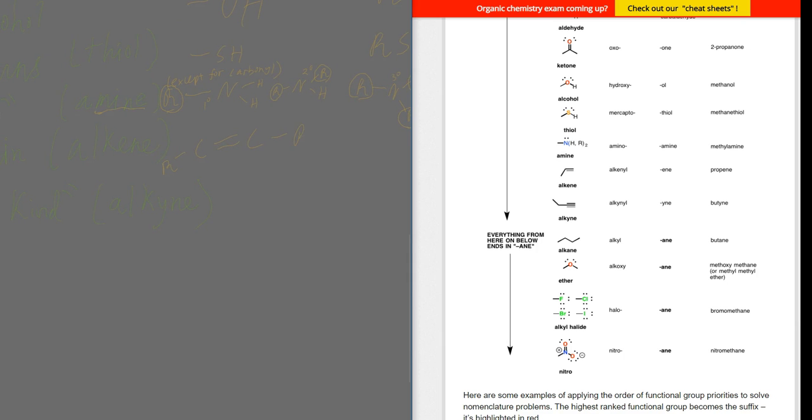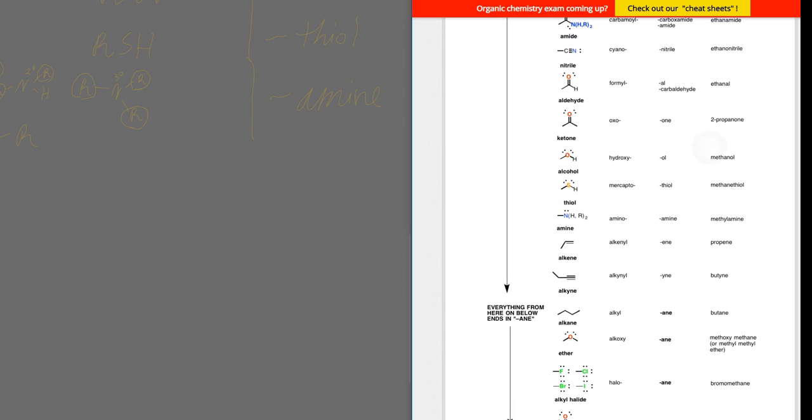Let's put R there. That helps. Oh, I've never seen this. Alkenyl. Pretty sure this is what's important.